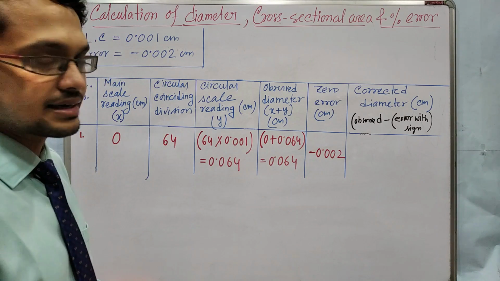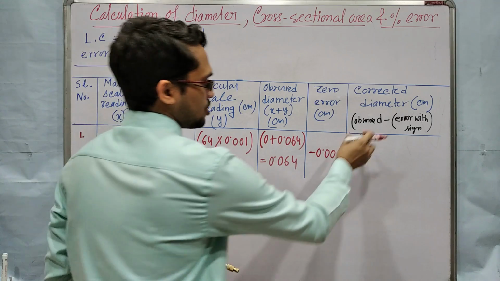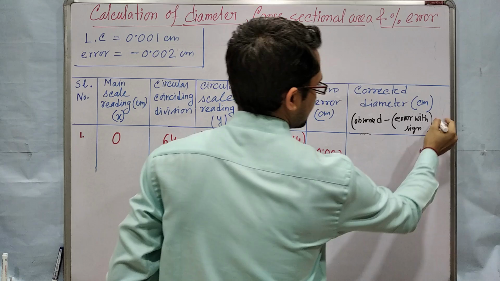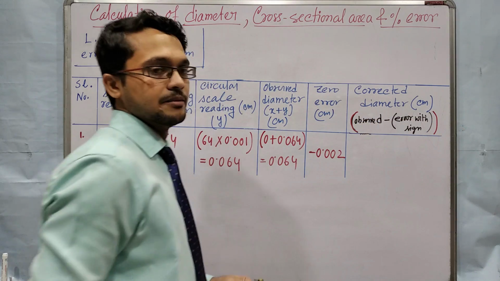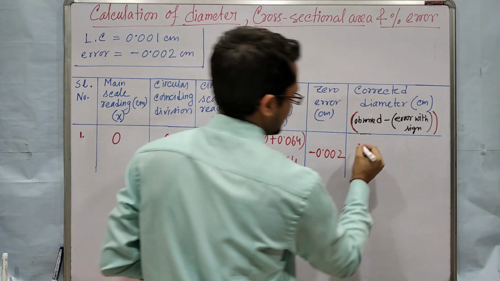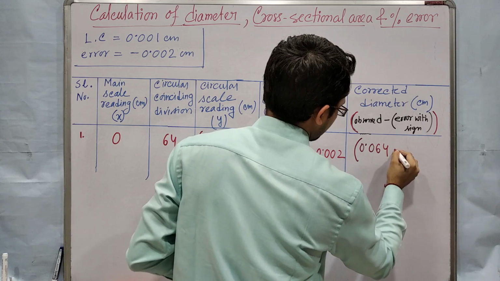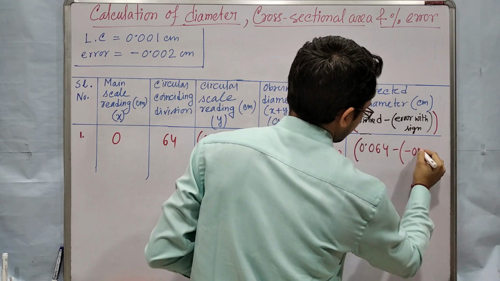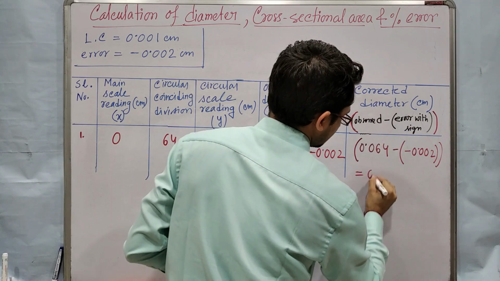And at the end, corrected diameter. So you have to subtract, always subtract with sign. So observed value minus error with sign. Observed value is 0.064 minus minus 0.002. So you will get how much?